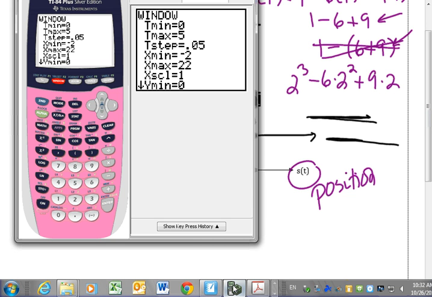We're going to put X min at -22. Press window. If you're in the right mode, are you in parametric? Because it stops. Remember, the particle stops, turns around. Oh, because my T only went to 5. Oh, I'm going to go down there. Okay, let me take a picture of this.